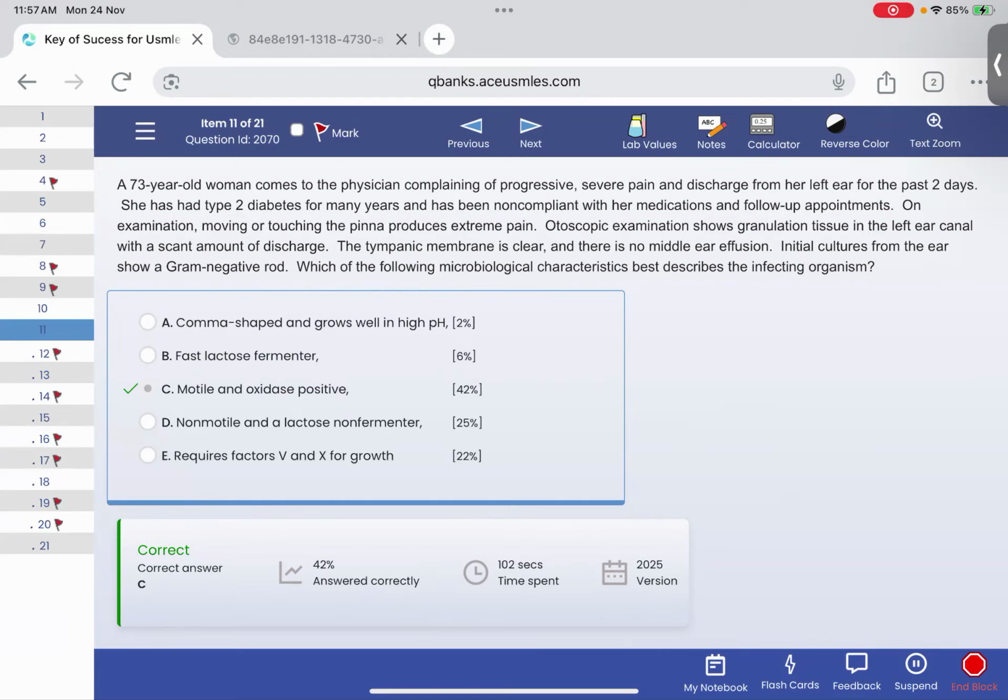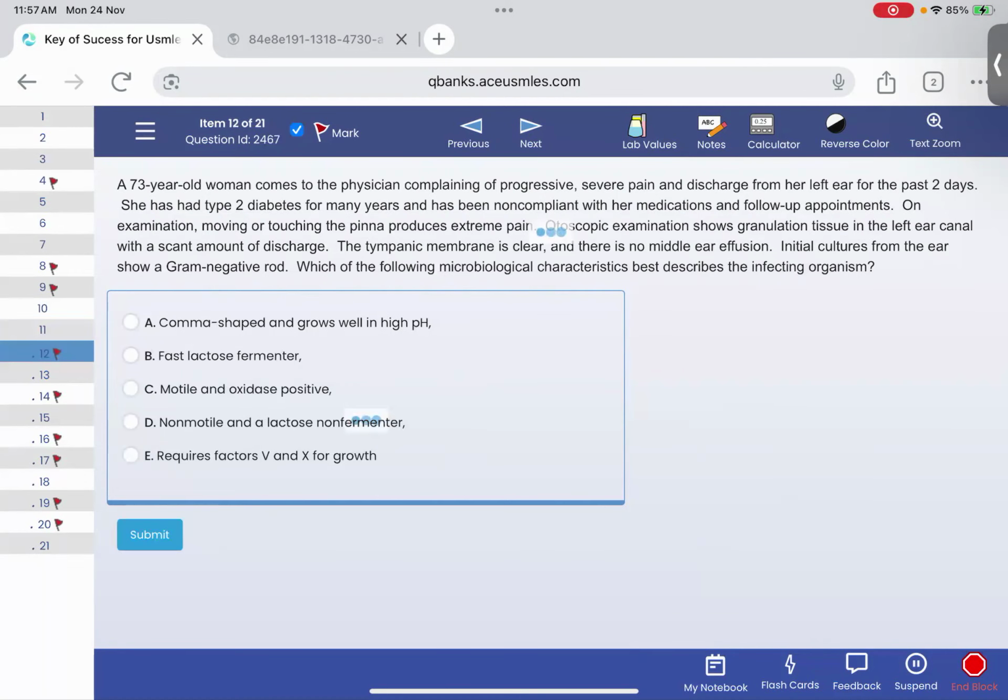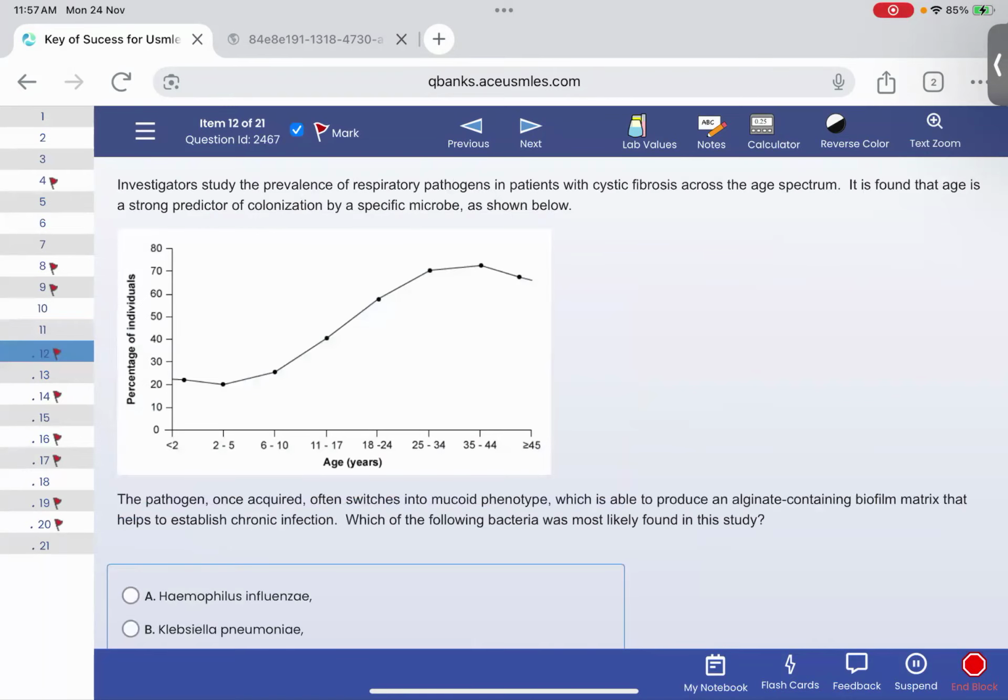Non-motile and a lactose non-fermenter: Shigella, right? That was non-motile. Salmonella was motile, right? Requires factors 5 and 10 for growth: Hemophilus. All right, next question.